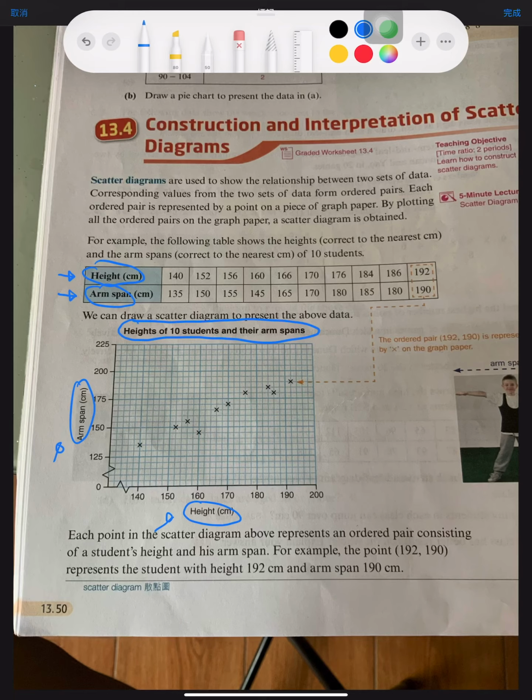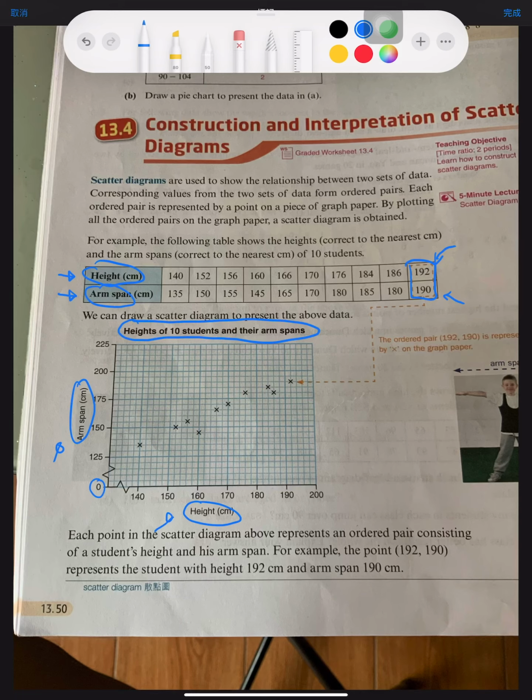Of course you should also mark all the labels on the vertical axis and the horizontal axis. For this data, someone's height is 192 cm and the corresponding arm span is 190 cm. So we will mark this point: the height is 192 cm and the corresponding arm span is 190.